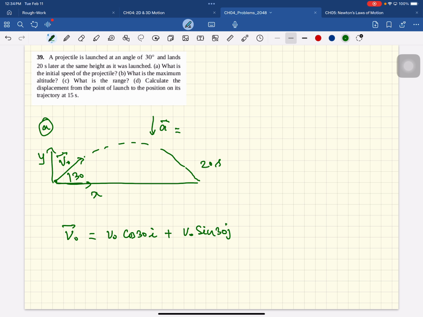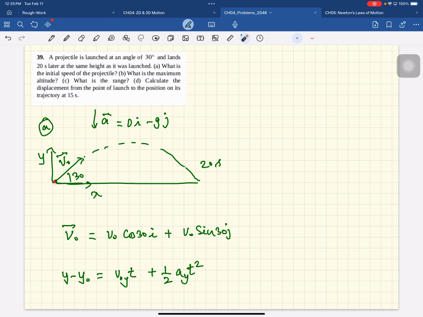What is the acceleration vector? What is this vector in component form? 0 i plus minus 9.8 j. Very good. Okay, so let's look at the y motion. y minus y naught equals v naught y t plus 1/2 a y t squared. y minus y naught is 0.